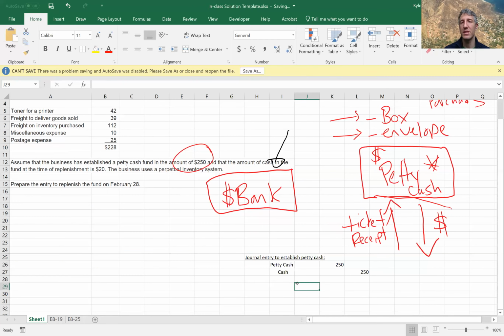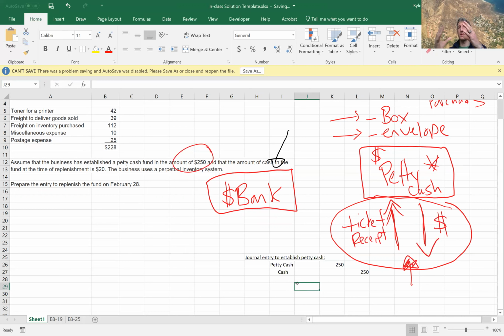But for these, the money going out of petty cash and the receipts or tickets going in, there's no journal entry happening because they're low value purchases. They won't have a material impact on the financial statements, and it's inefficient to do a journal entry for every single transaction out of petty cash.